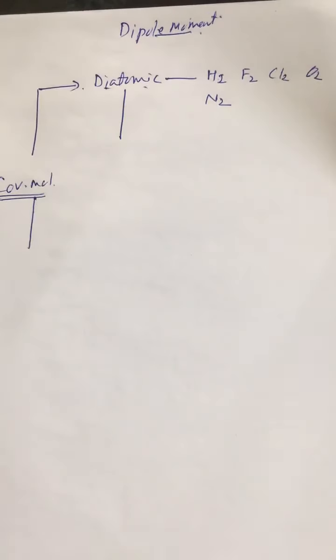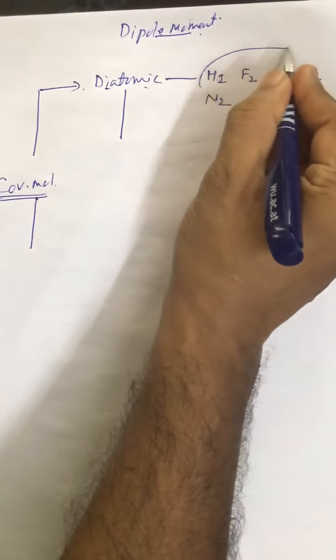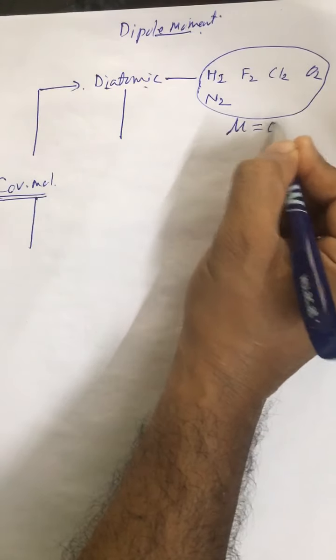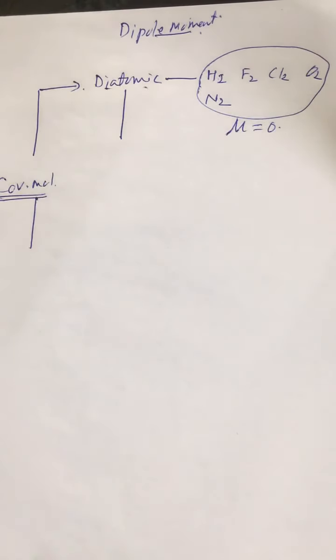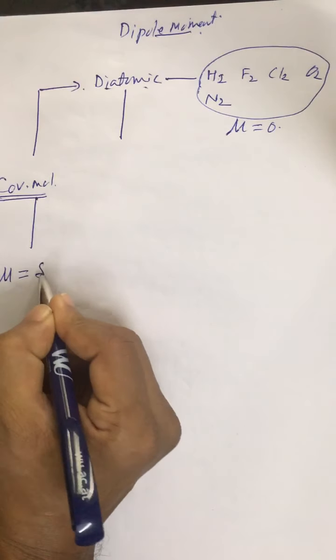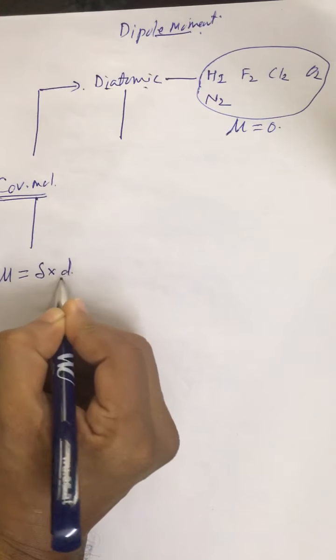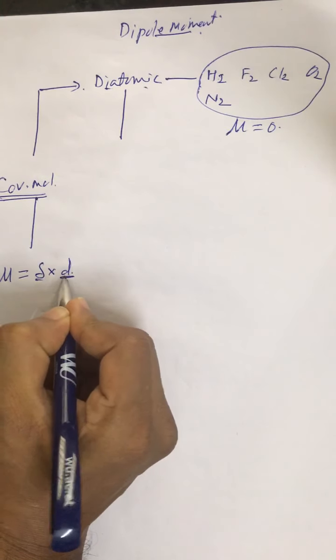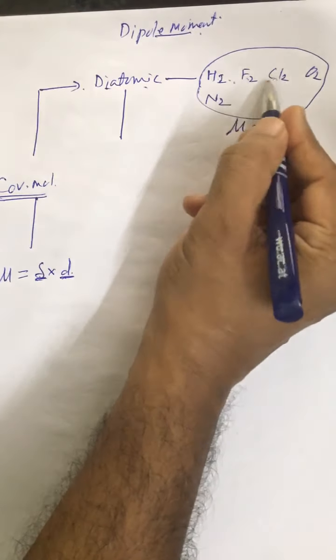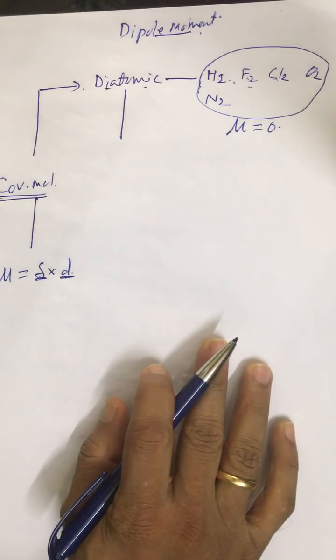If we have similar atoms, then straight away say the dipole moment of such a molecule is zero. The reason is simple: dipole moment is the product of charge and distance, the bond length. So there is some bond length, but charge separation is not there. That is why we say the dipole moment is zero.